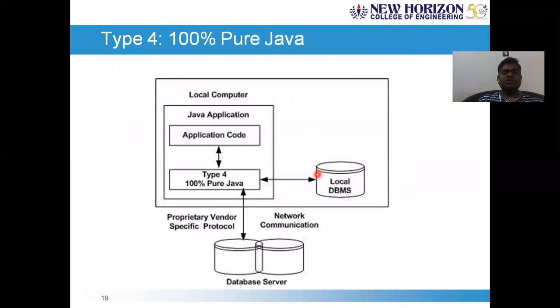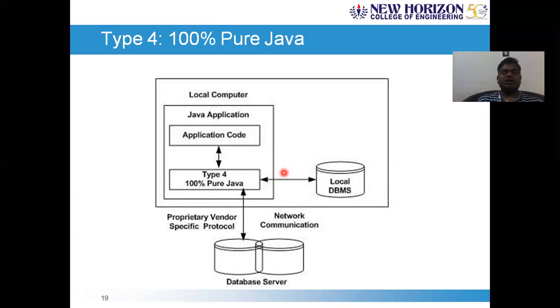And the last one is the type 4 driver. That is a 100% pure Java driver, which is most popularly used. For the further examples, only this driver will be considered for the demonstration of the applications and the configuration of the code. Whatever library I am explaining is targeted with respect to the type 4 driver.